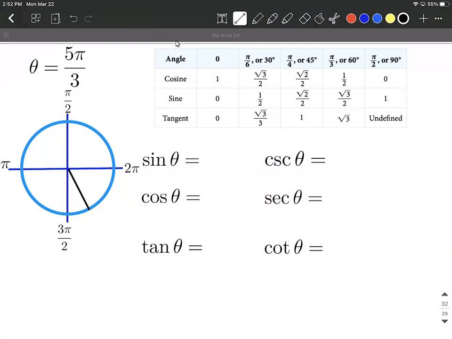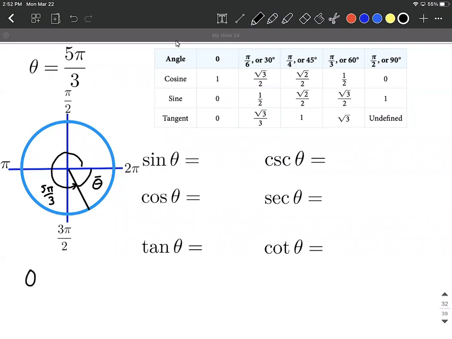That's important because we're going to be finding the angle between the one we just drew, the 5 pi over 3, and the x-axis. We're going to refer to that as theta bar. That's going to be our reference angle. To wrap around this far was 5 pi over 3, but we want theta bar, the reference angle that wraps the rest of the way around back to the x-axis.